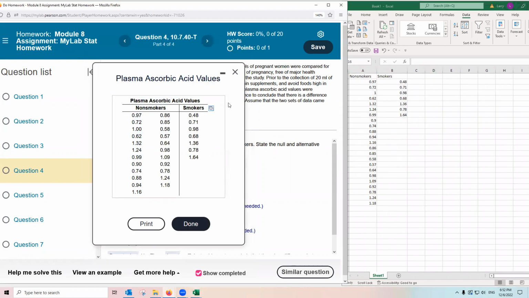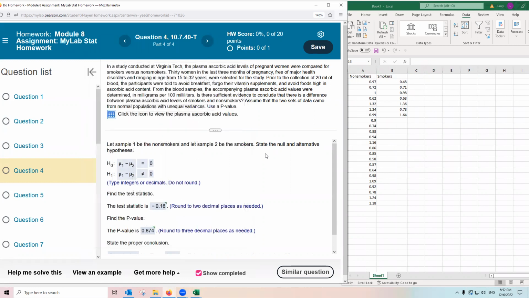So let me come back and read the problem a little carefully. It says, is there evidence to conclude that there is a difference between levels of this acid for smokers and non-smokers? Assume the two data sets came from normal populations with unequal variances. It's important that I notice that this problem says unequal variances.